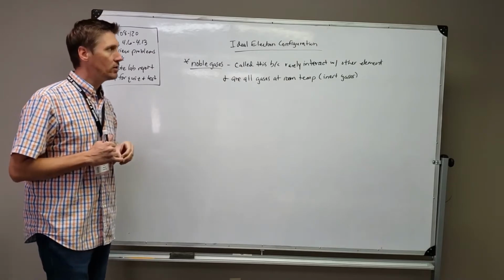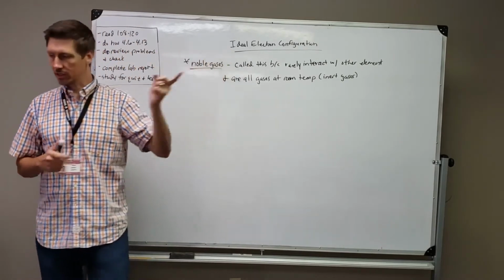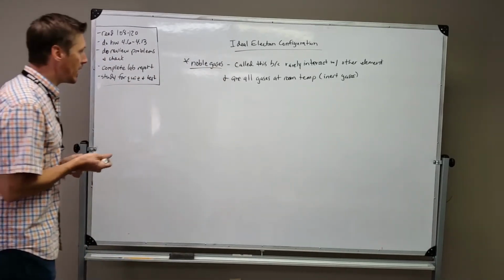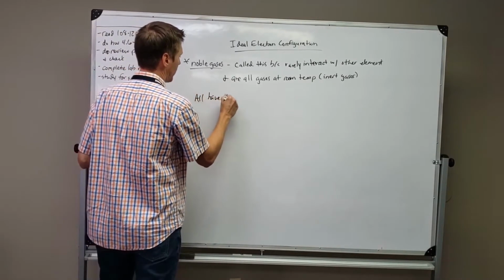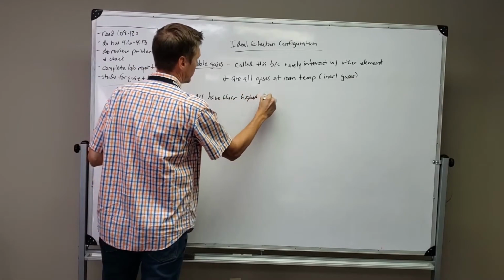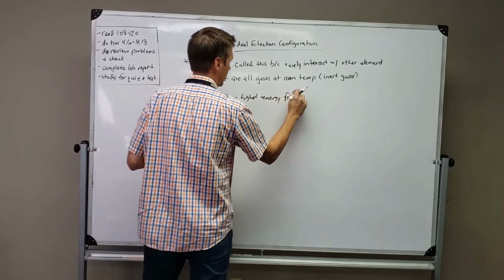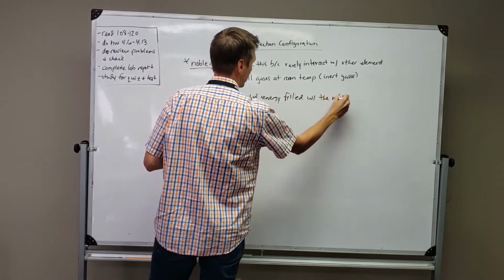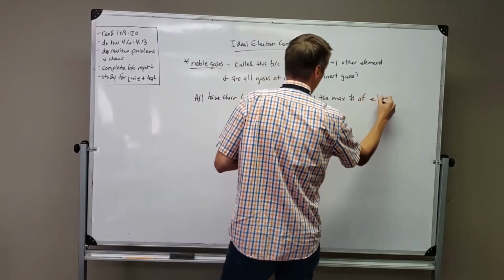So the noble gases all have what we call the ideal electron configuration. All right, and what that means is that they all have their highest energy levels filled with the max number of electrons.